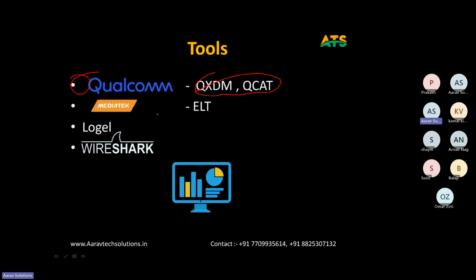Next is ELT, which is from MediaTek. From Ubisoft we have Logel. Then we have Wireshark. So these five tools we will use for the training, and I will show you.